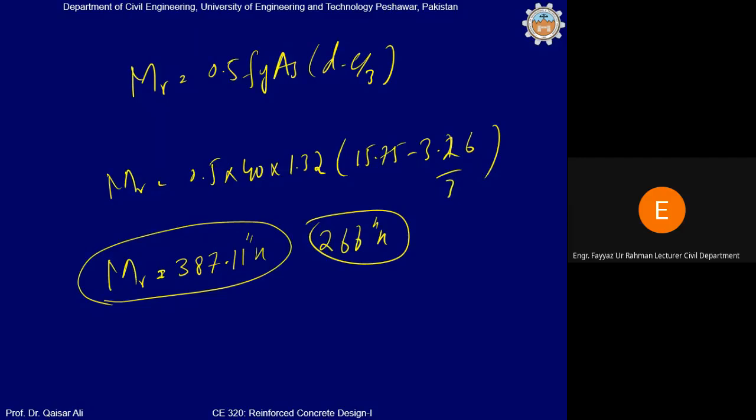So of course the capacity corresponding to stage 1 will be less than the capacity corresponding to stage 2. Clear? Is this understood or not? No sir. Yes sir.